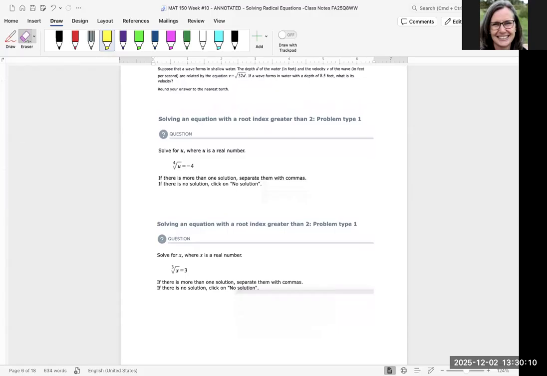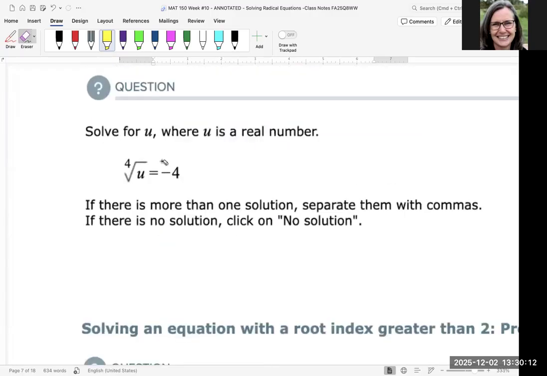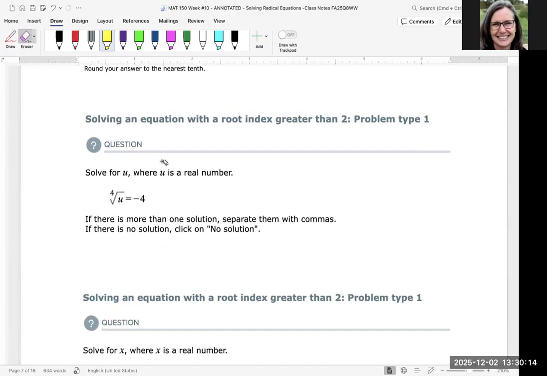All right, let me do a couple more examples here from week 10. Again, solving for u. This is a fourth root of u. It's this 4 right here that tells me that's blocking my goal. So I'm going to raise it to the 4th power. So u is the same thing as -4 to the 4th power.